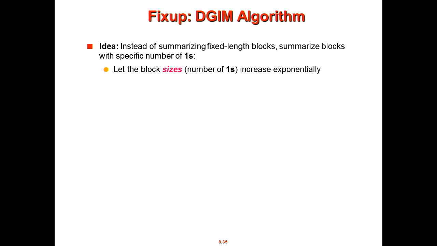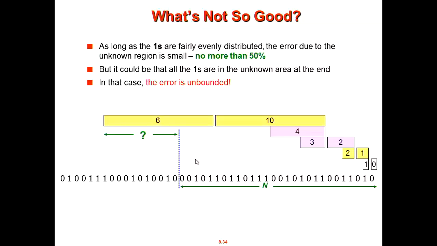In order to overcome this problem, let's look at the real DGIM algorithm. Instead of summarizing fixed-length blocks, we do the summarization of blocks with a specific number of ones. In the previous solution, the region corresponds to the number of bits.